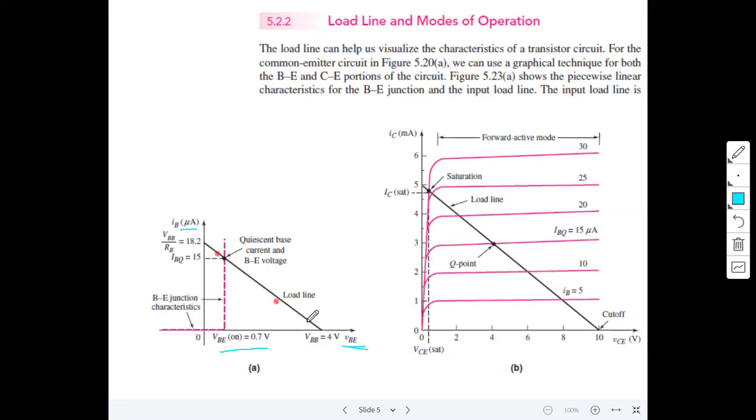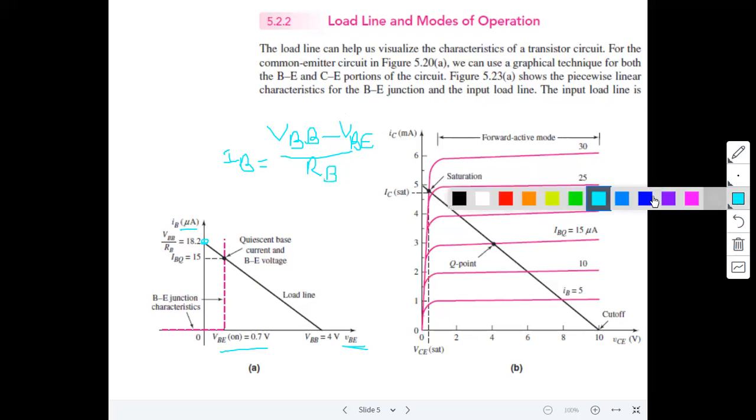Observe here how to draw the load line. When we consider the y-axis, at this point the x-axis value is equal to 0, VBE is equal to 0. What is the expression for IB? IB is equal to VBB minus VBE by RB, right?